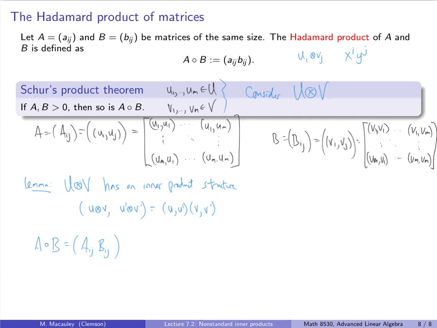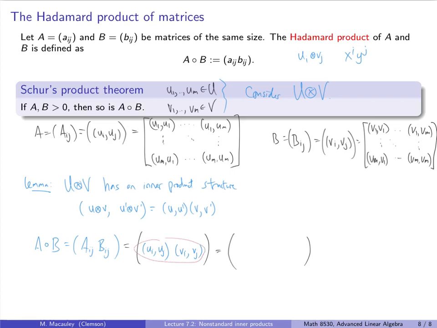So let me write that as the matrix where the entries are ui dot uj times vi dot vj. Now look at this definition of the inner product here. We can go backwards. We can write this as the inner product of the tensors.